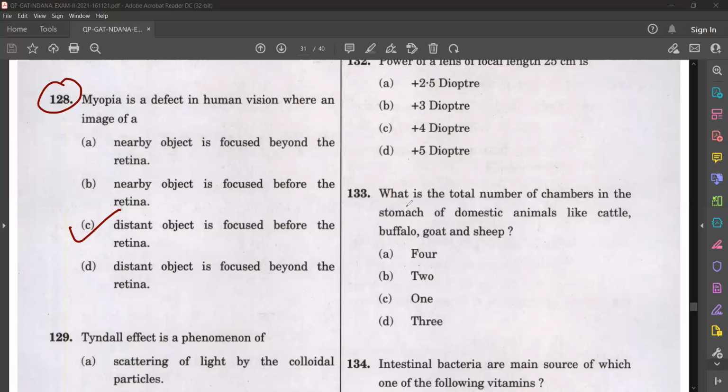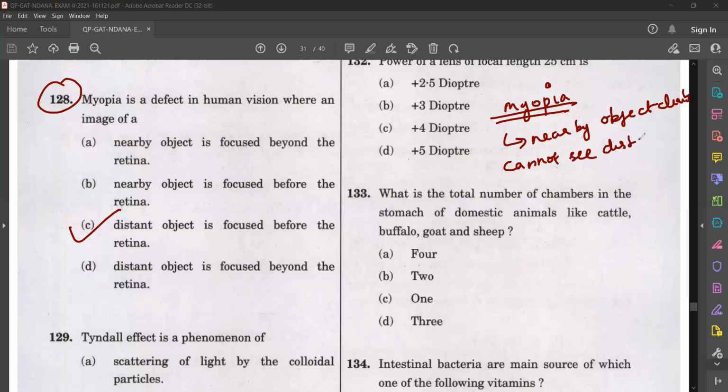So first of all, what is myopia? Myopia means a person can see nearby objects clearly, but he cannot see distant objects distinctly. So that is actually myopia.